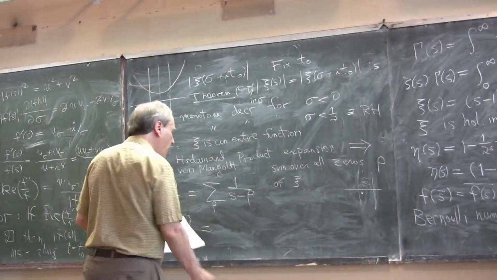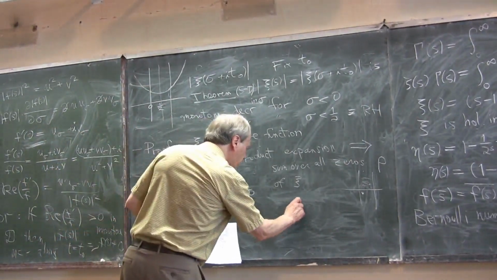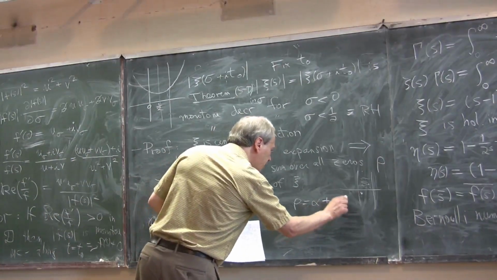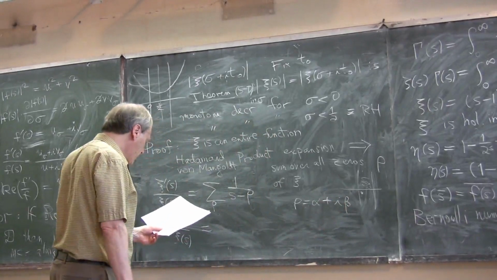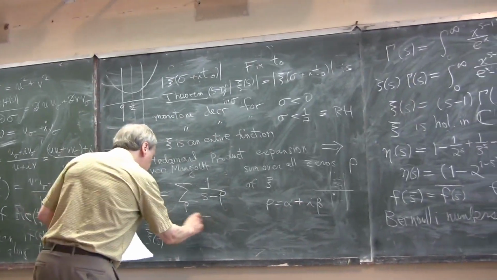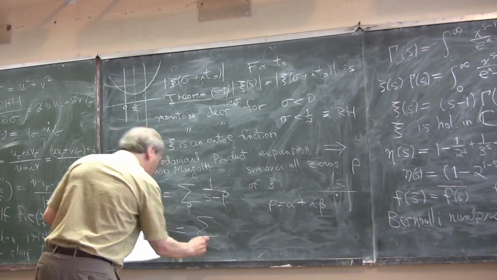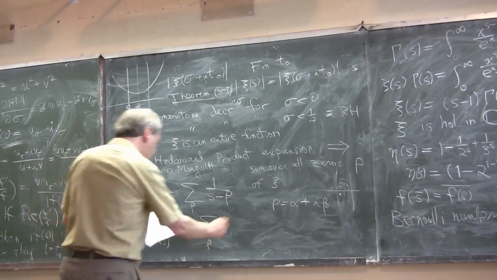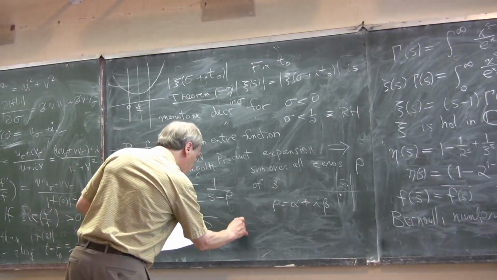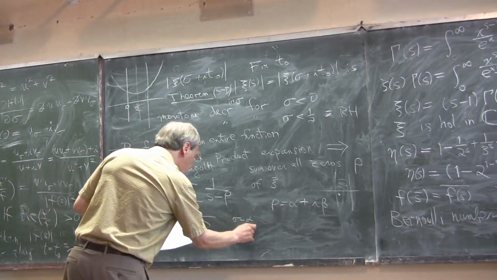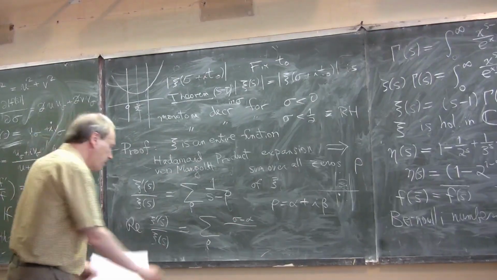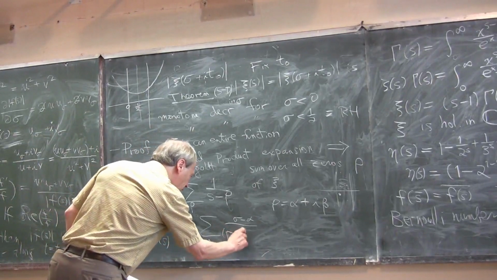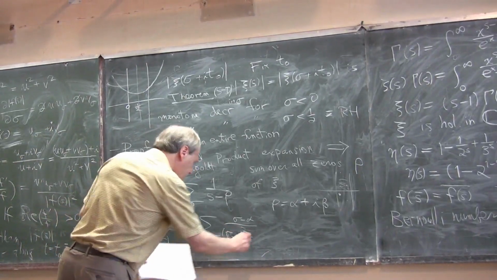If we take the real part of this, let's write a zero as alpha plus i beta. Then we get summation over rho, and what we get is sigma minus alpha divided by something positive, just the norm squared: sigma minus alpha squared, plus t minus beta squared.